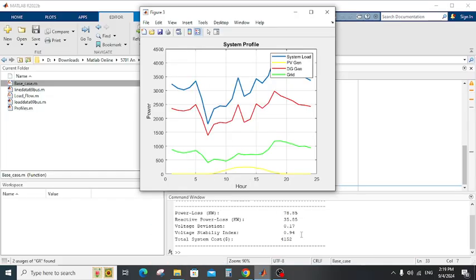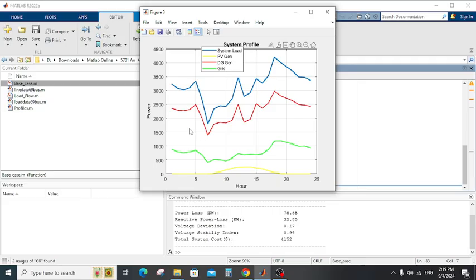We also have the figure for the system profile, how the system load behaves, and how the generation from the PV and from the distributed generation behave and follow the load. The last one is the grid, how it imports the energy.